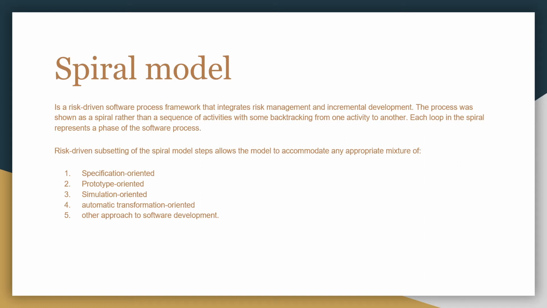A risk-driven subsetting of the spiral model steps allows the model to accommodate any appropriate mixture of specification-oriented project, prototype-oriented project, simulation-oriented project, automatic transformation-oriented project, and also other projects that use another approach of the software development.